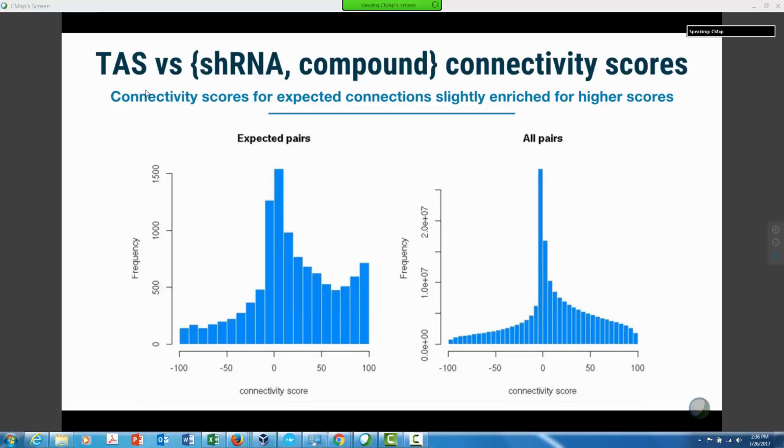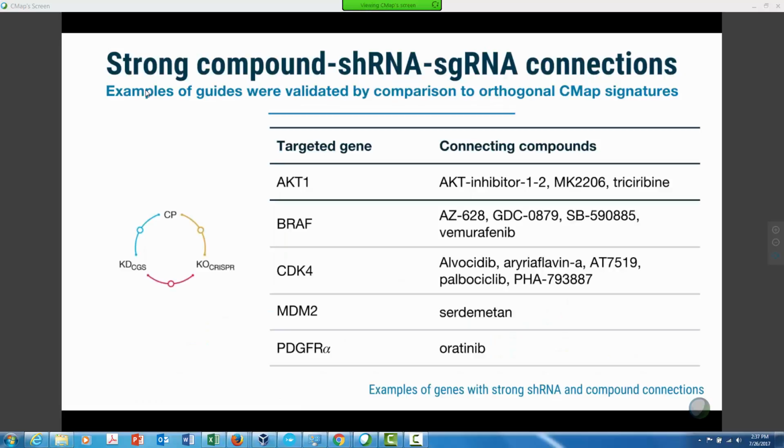Worth noting is that this is a subset of the data again, but preliminarily the results are promising. So here are some examples of genes that I found that connected both to their shRNA signature and to compound signatures of small molecules that we've annotated as targeting the same gene.